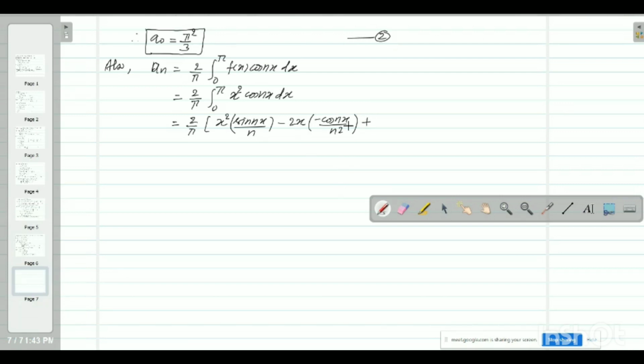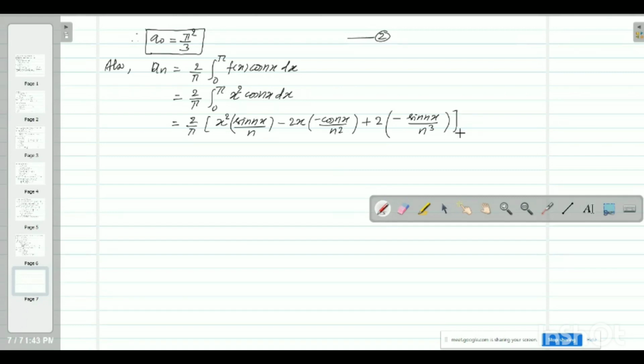Now derivative of this is 2, and integration of cos is sine, but the minus sign is already here, so we write minus sine n x by n, but the square term is here, so this is n cube. The constant term has come, so there is no need to do integration or take derivative further.